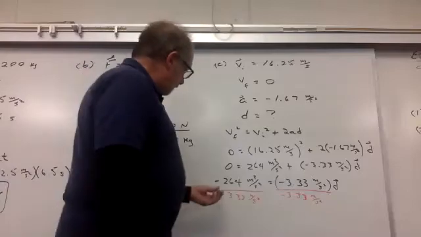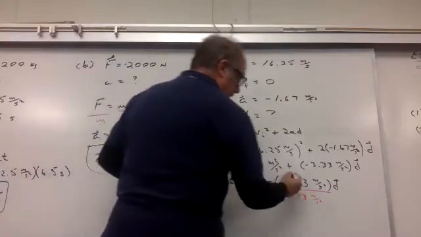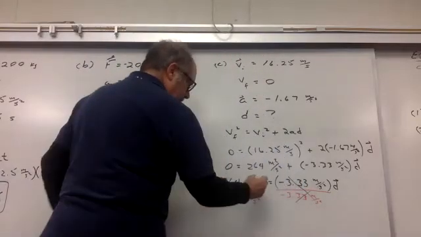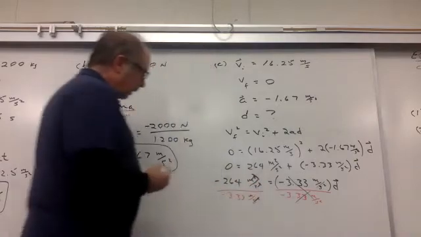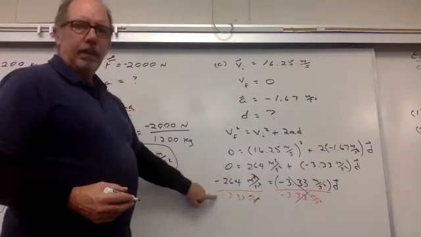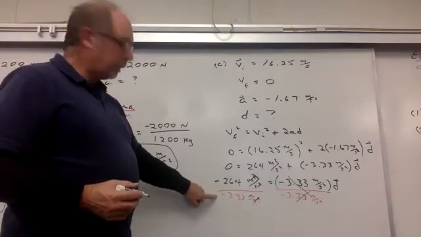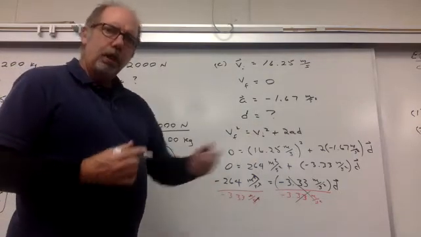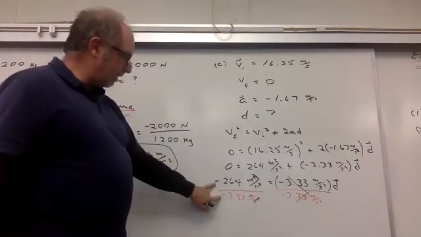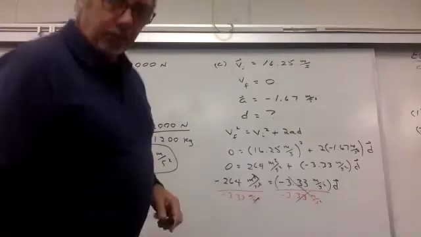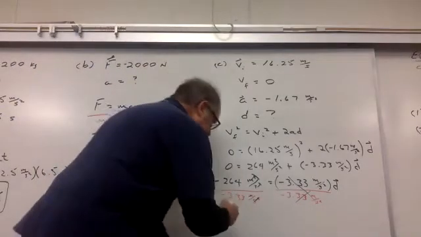Right. So everything cancels except for a meter. 1 meter. Notice it turns out positive. And that actually makes sense because the car is moving forward while it's coming to a stop. It's not going backwards. So it makes sense that the displacement turns out to be positive.